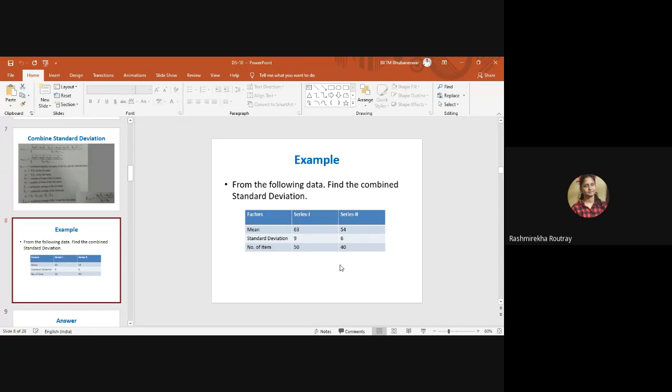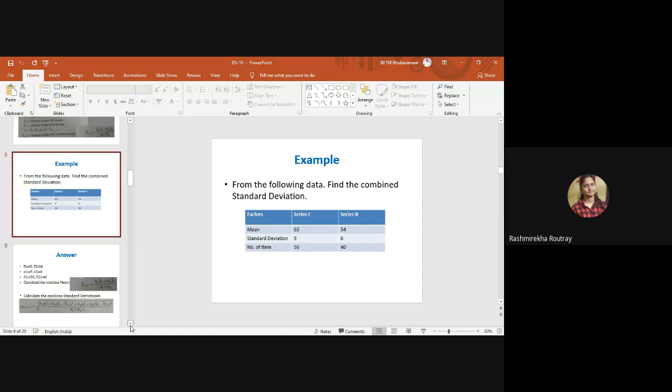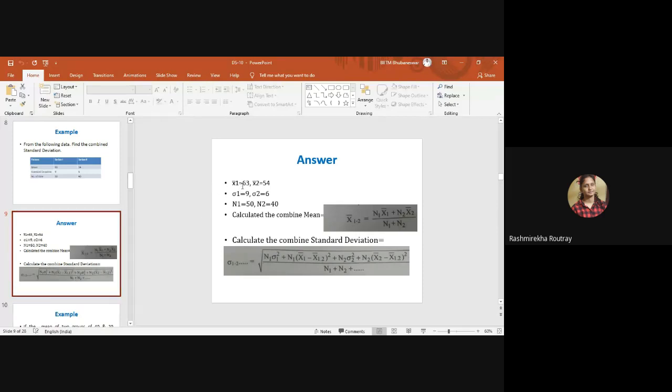So just calculate the mean. Take your time to calculate the combined average, or combined mean. Then after that you proceed to calculate everything else. If you go to the next slide, here I have written the data. x1 bar equals 63 for series 1 and x2 bar equals 54 for series 2 in case of the mean.